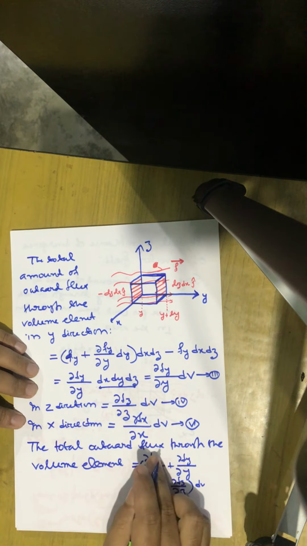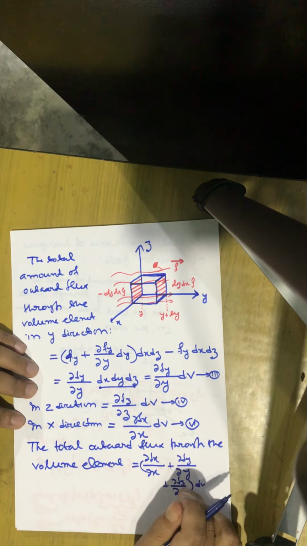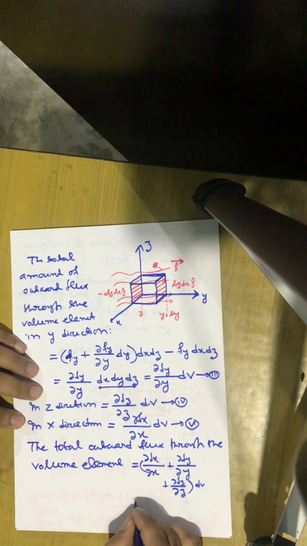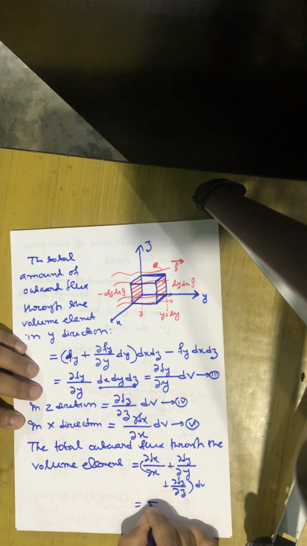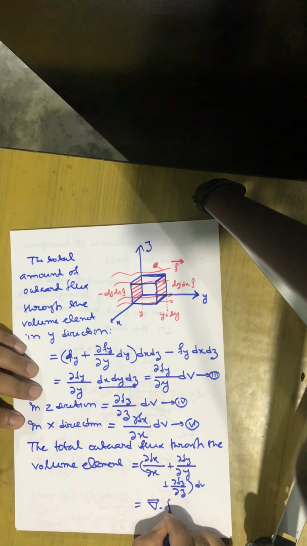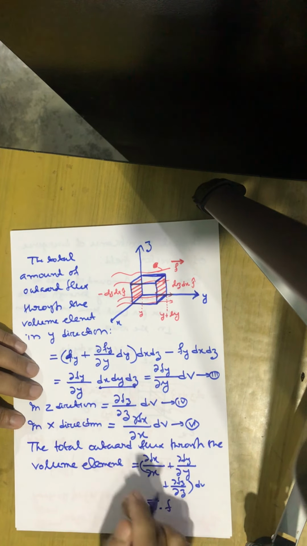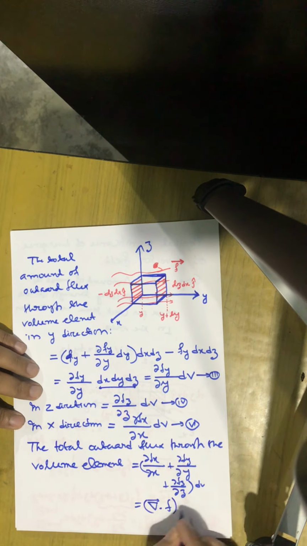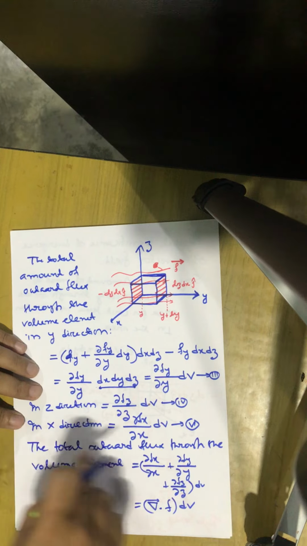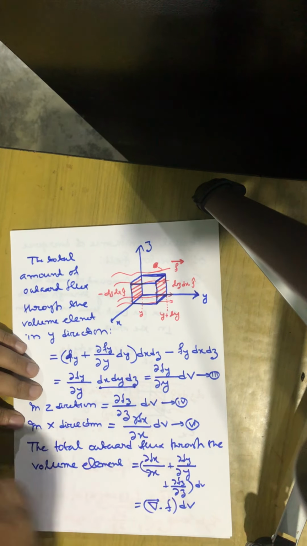This quantity, del fx by del x plus del fy by del y plus del fz by del z, is equal to what? It is nothing but the divergence of that vector field, which I have already discussed many times. So del dot f into dv is equal to the total outward flux through the volume element.